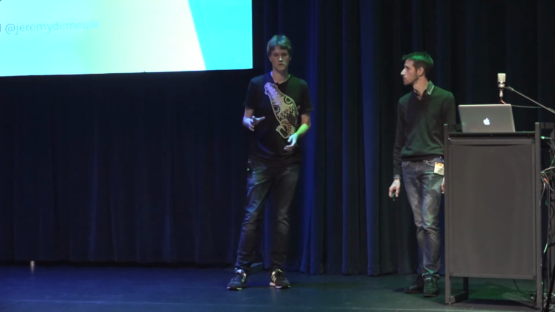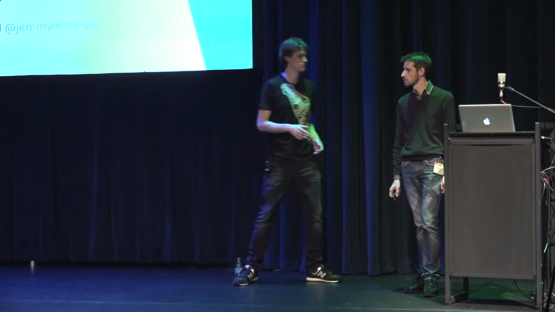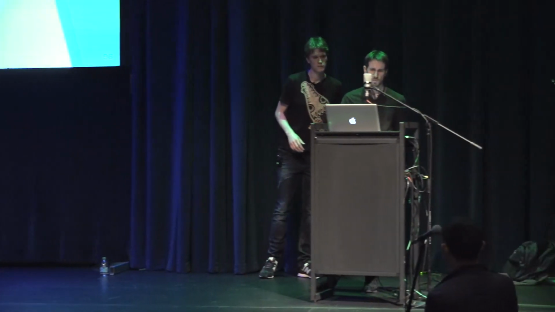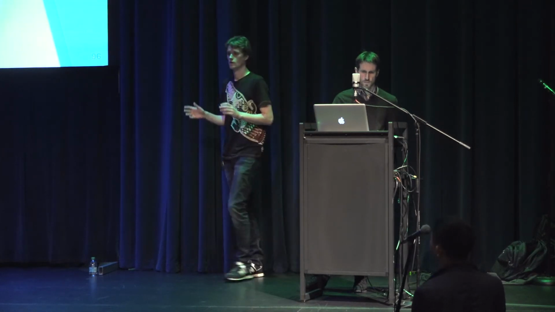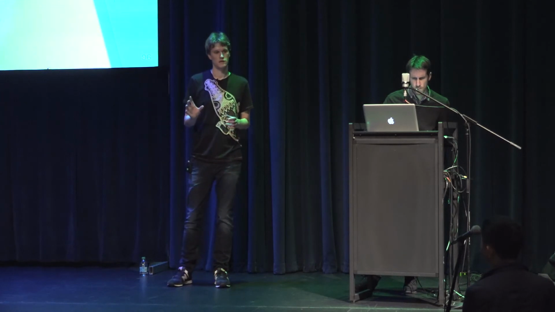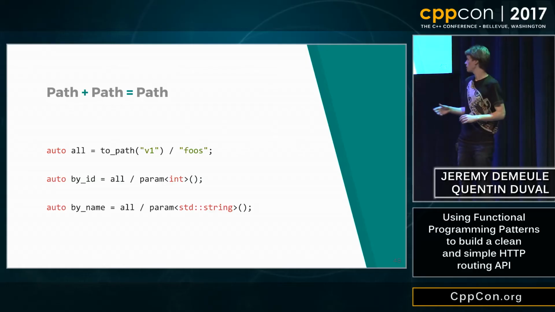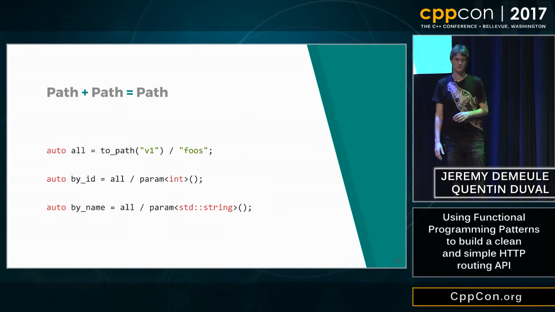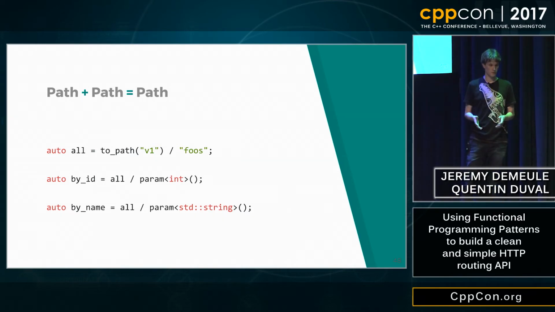Maybe we could go back to the slides where we have some path. What we provide inside the API is basic building blocks. So basically, you saw that we have a parameter path to say, for example, that we want to match an integer. We have another one for std string, but you can define your own, and you can combine them with the slash.